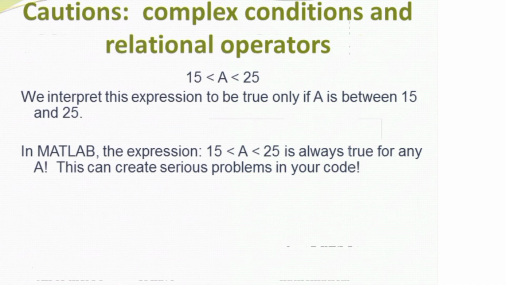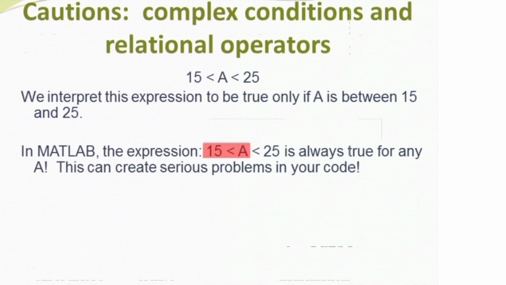So why is that? Well, it's because of the order of operations that Matlab goes through. We know that when things are of the same order of precedence, in this case we have two less than, so they're the exact same operator, Matlab will perform the computation from left to right. In this case, it will perform the first less than comparison initially, so we would only look at is 15 less than a.